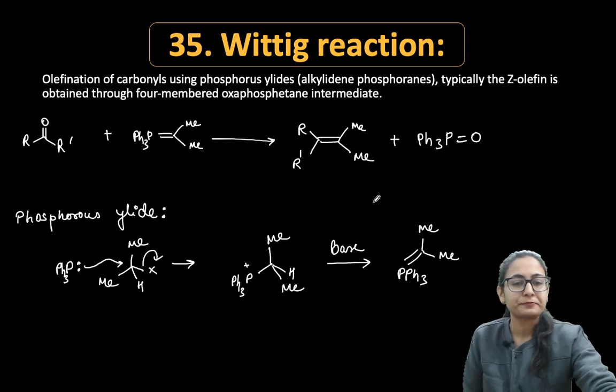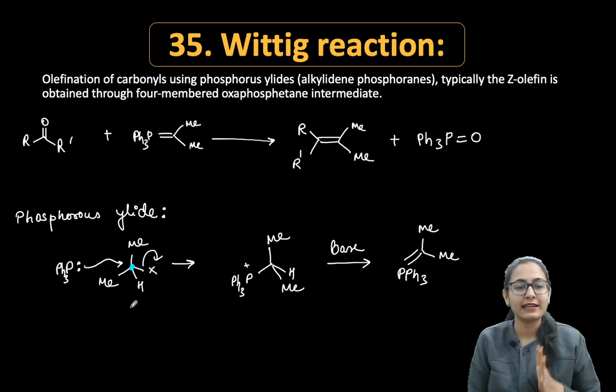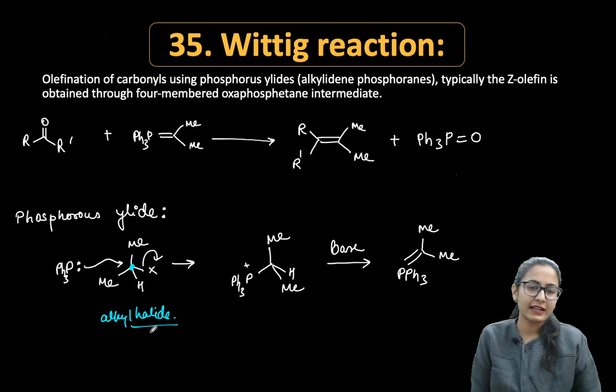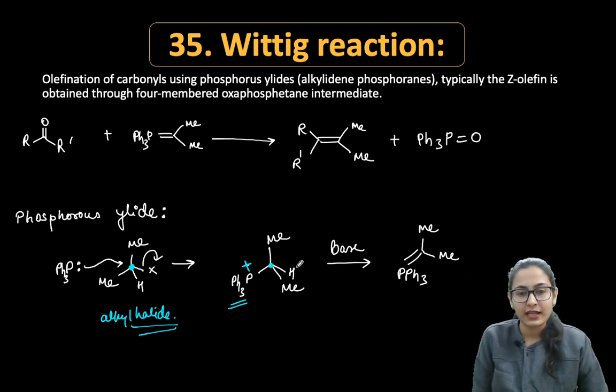Okay, yes. Now, phosphorus ylides are very easy to synthesize. You have your alkyl halide. This is your alkyl halide. On an alkyl halide, the phosphorus is going to attack in a substitution. It could be an SN1 or SN2 mechanism. Alright, just that there is a substitution of the halogen by the phosphine. Now what happens? Now there is a phosphorus having a positive charge, okay, and that is why the alpha hydrogen to your carbon becomes very acidic.